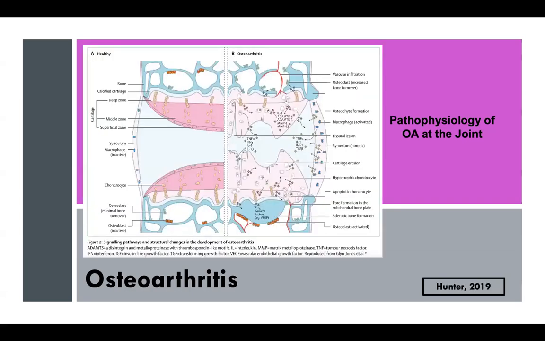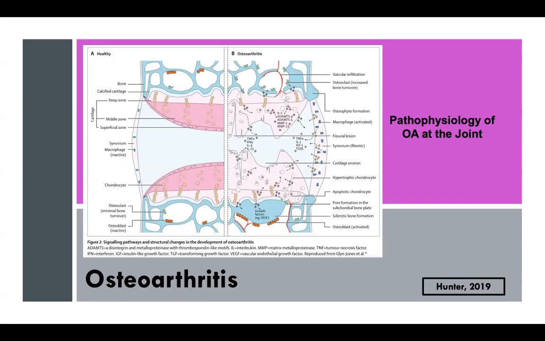This is another figure, and I don't want you to be overwhelmed by this, but one thing I like about this figure and why I included it is it really shows some of the inflammatory cytokines that are present. So some of these interleukins, TNF, and others, and also the inflammatory cells and how they're affecting each component of this joint structure.